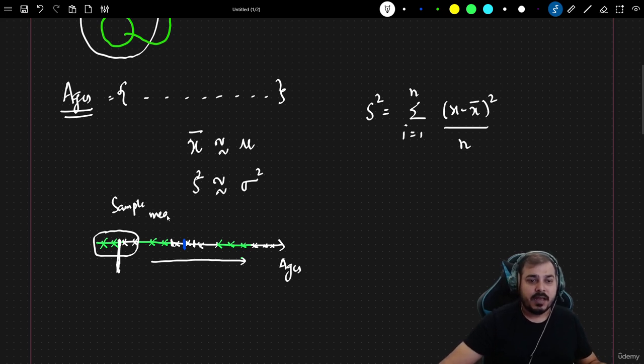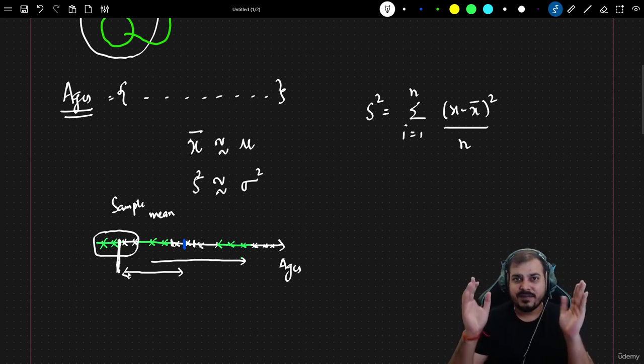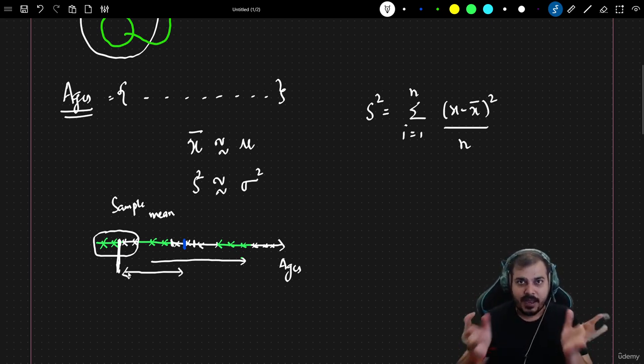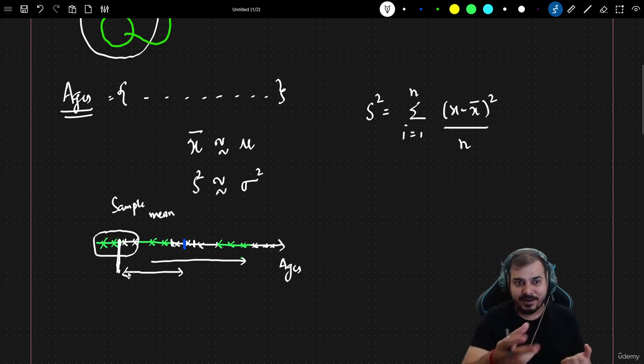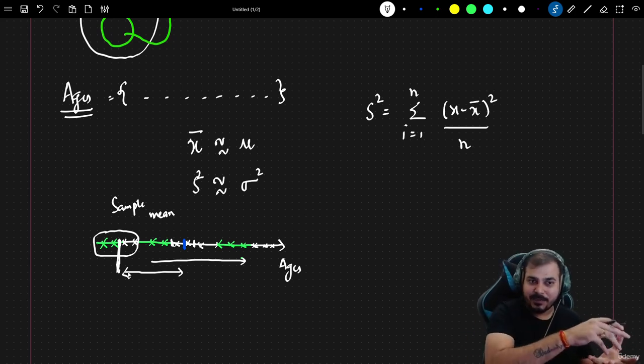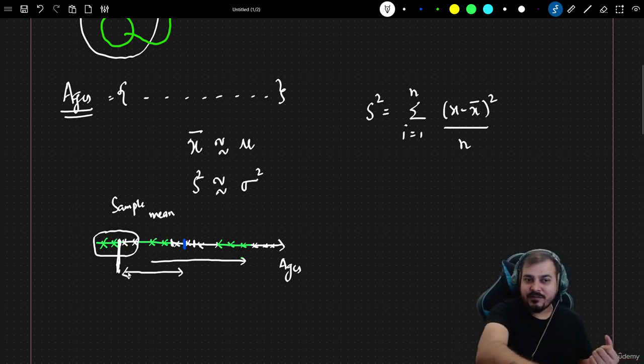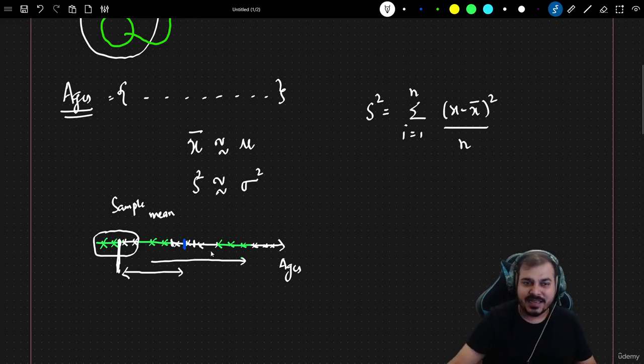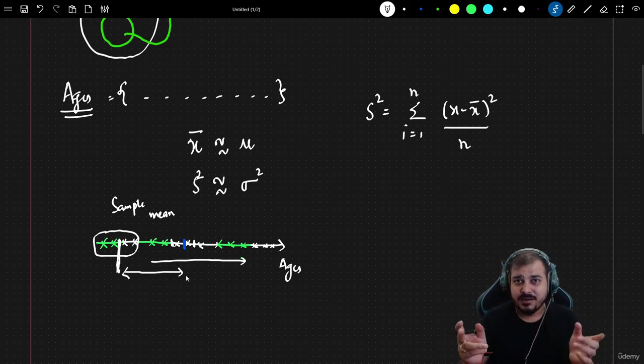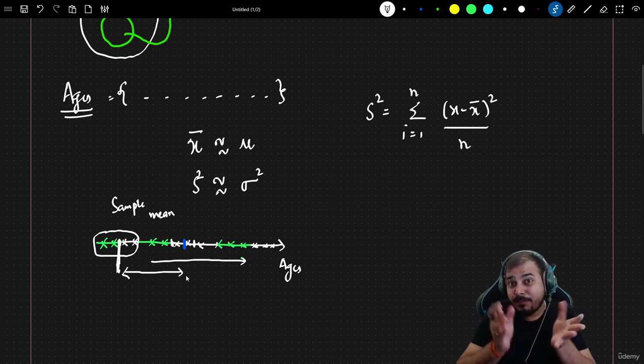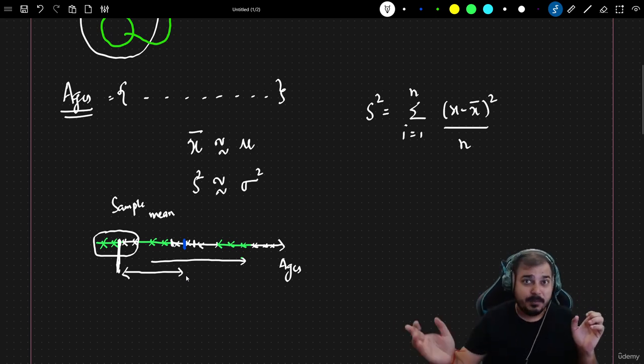Now if I try to see the distance from here to this population mean, it is obviously very big, very huge. I have not randomly selected the sample right now; I've specifically chosen some sample data. When I'm computing the sample mean, I can see it will be very far from the population mean, and when it is very far, obviously the sample variance will also be very far from the population variance.